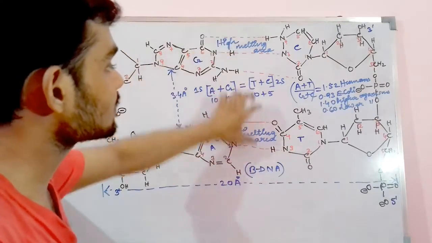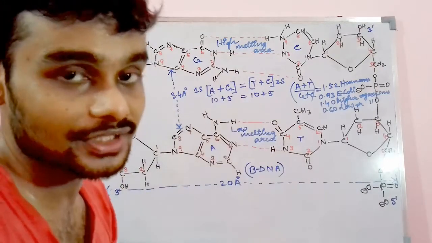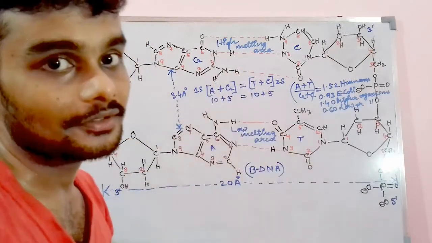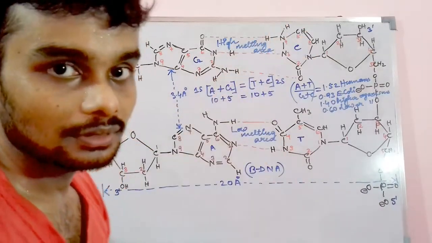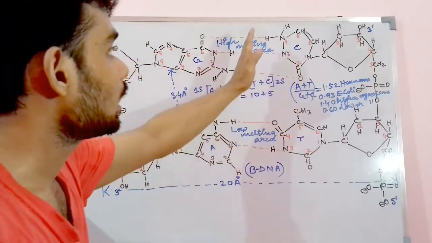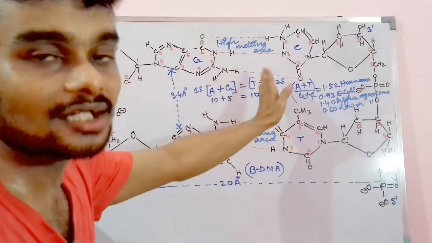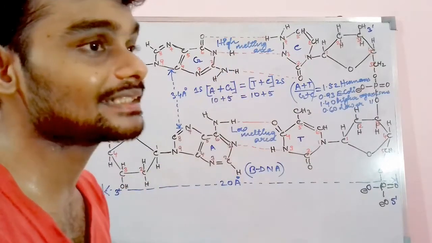This breaking of the hydrogen bond is known as the denaturation of the DNA. So when these hydrogen bonds are being broken down, or the heat is given in order to break the pairing of the hydrogen bonds, that particular thing is known as denaturation.